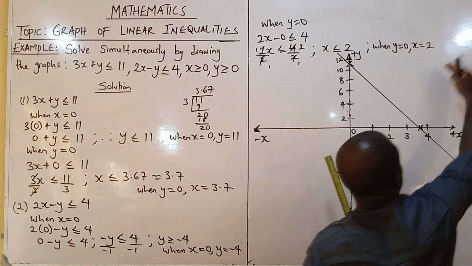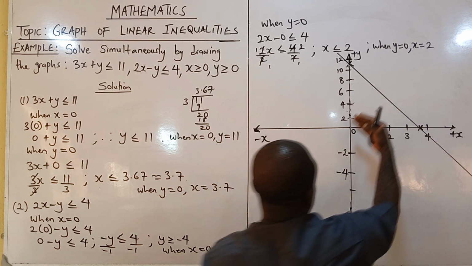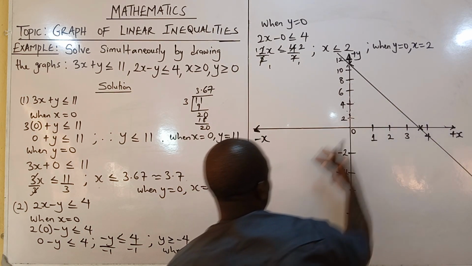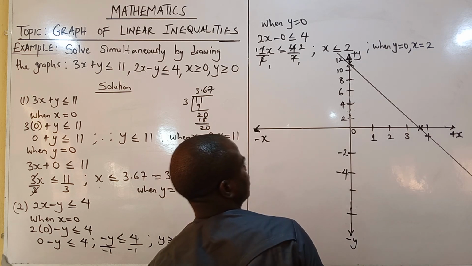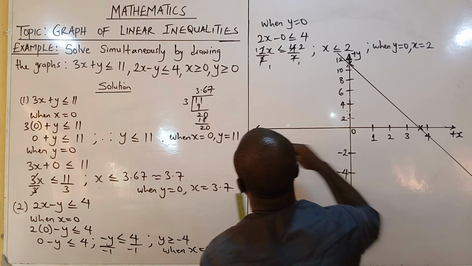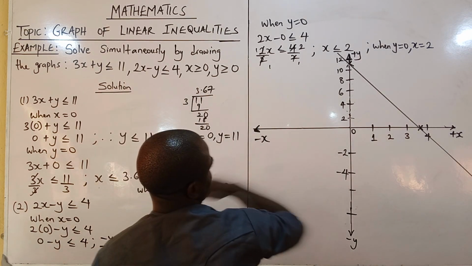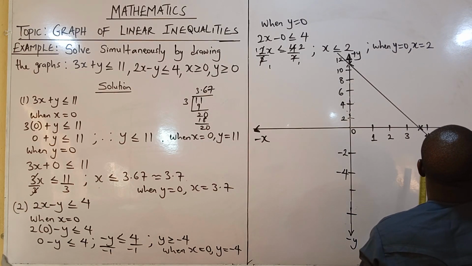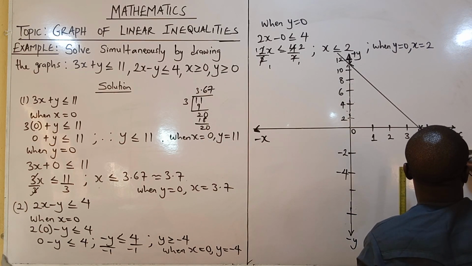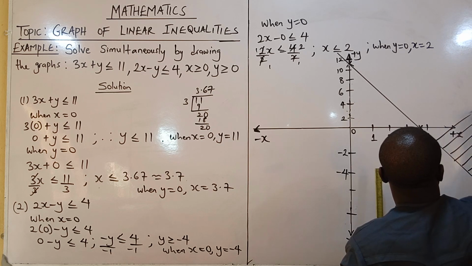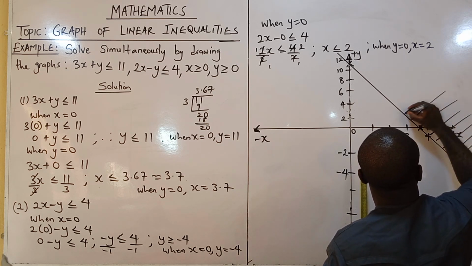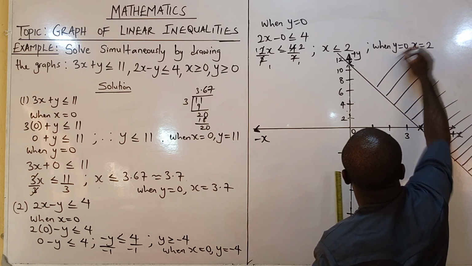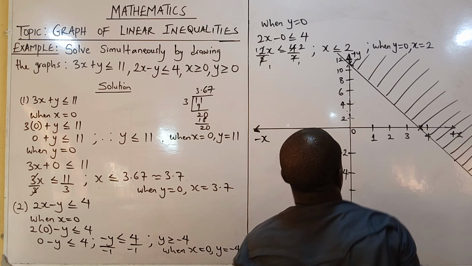You can see the less value is moving towards down, that's less. But we want to shade the opposite of the less, which is greater. Moving up is greater. So shade the opposite.